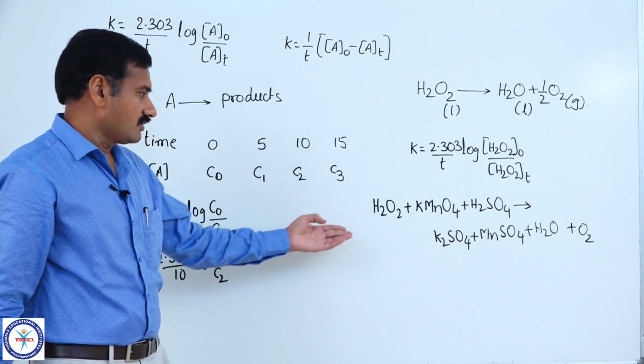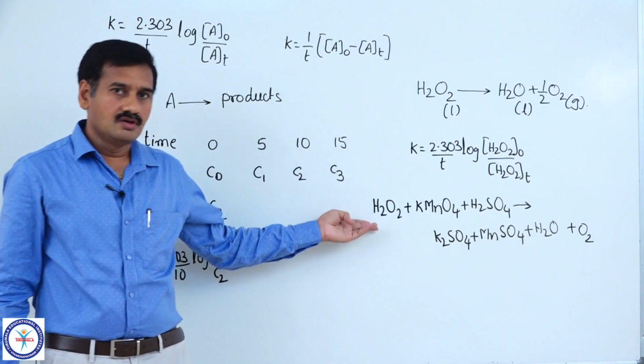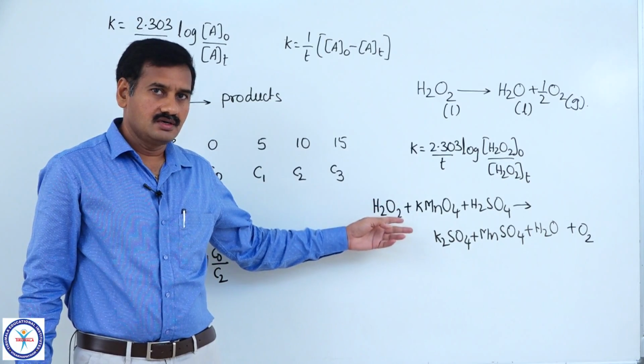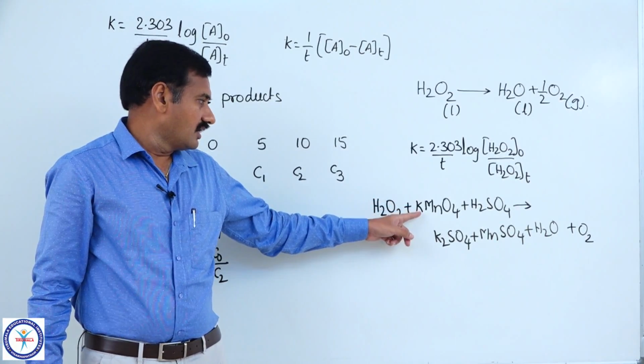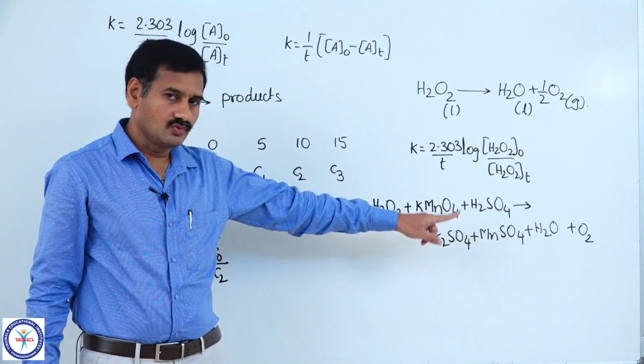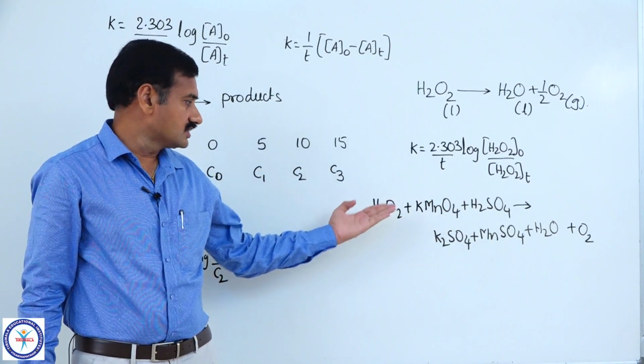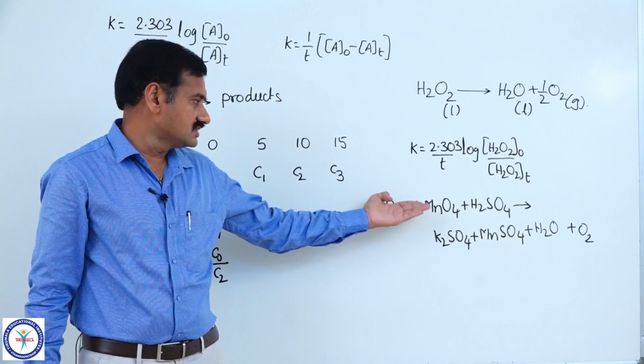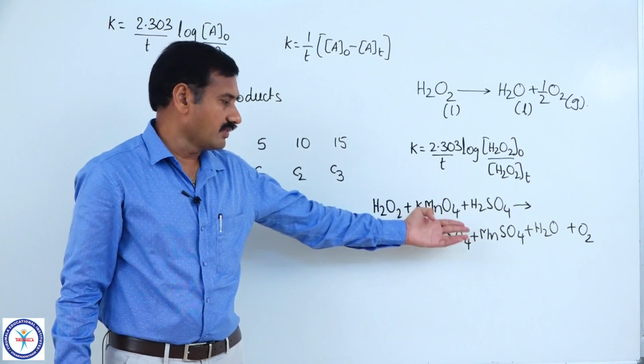This is an unbalanced equation. Potassium permanganate is an oxidizing agent which oxidizes hydrogen peroxide to O2. Similarly, H2O2 is able to reduce acidified potassium permanganate to manganese sulphate.